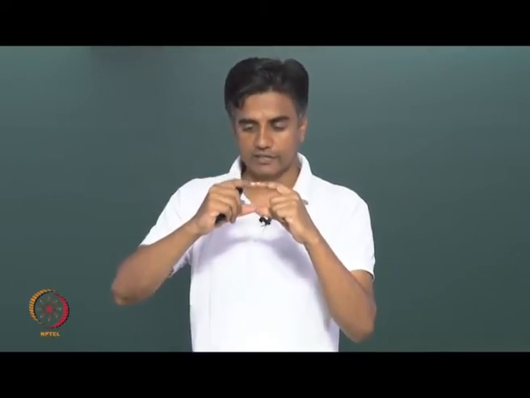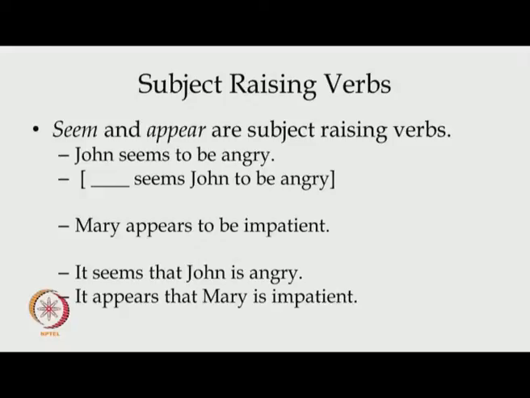For example, let's look at it this way. A sentence is an IP. In a sentence, we have an NP and VP. So in the sentence John seems to be angry, the NP is John and VP is seems to be angry, right? Within that VP, we cannot have another VP. The only thing that we can have is an IP.